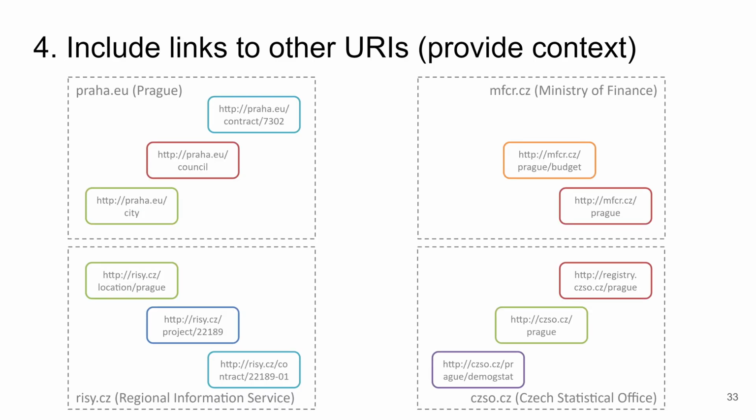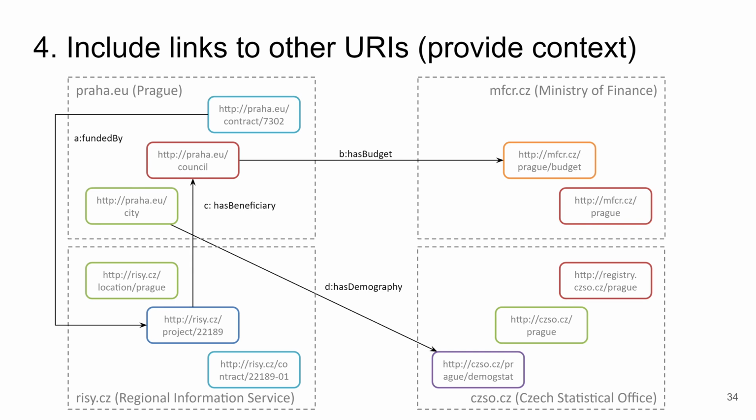So what does it mean actually for our publishers to follow the fourth principle? Now, the publishers already followed the first two. They assigned HTTP URIs to all the data entities, and when you access the HTTP URI, you get data in RDF. So the third principle is also implemented. Let's have a look at the fourth principle. So the fourth principle says include links to other URIs.